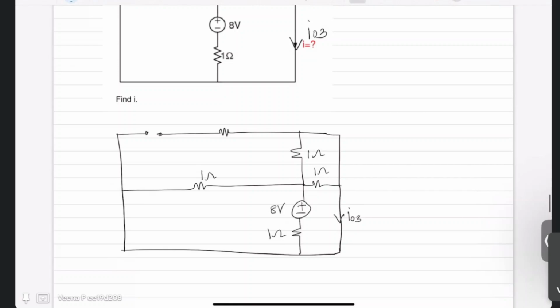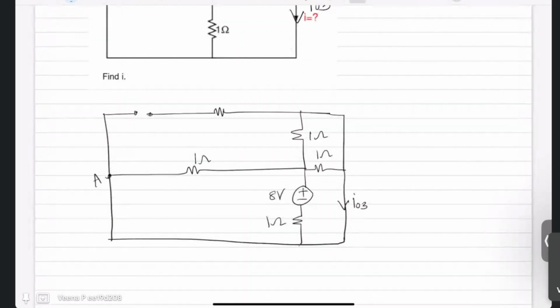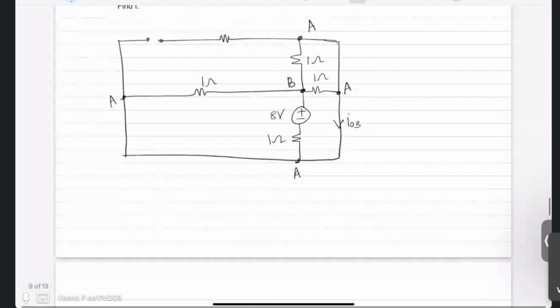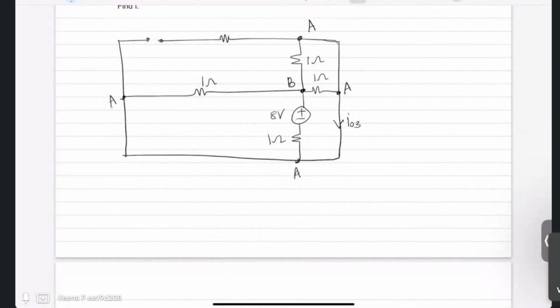Similarly, as we proceeded before, this is your A, this is also your A, and this is also your A because now this is a short circuit. So your C and A became one. So this is your B. If you draw the equivalent circuit, there is only two nodes. One is A, another is B. In between A and B, everything comes.